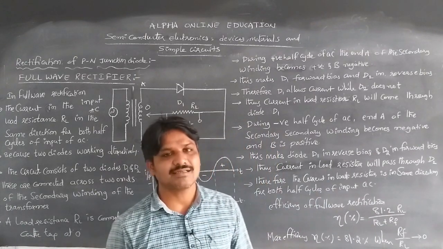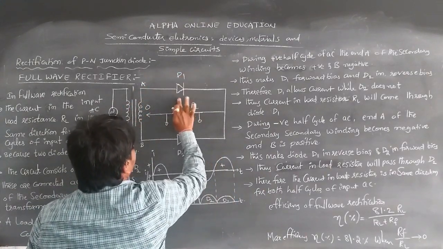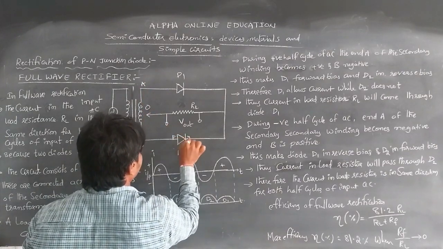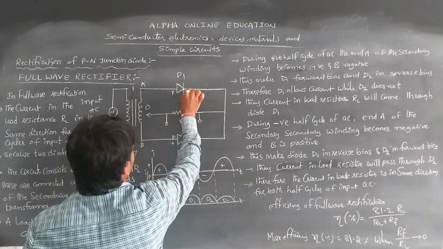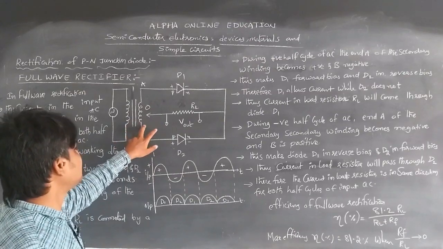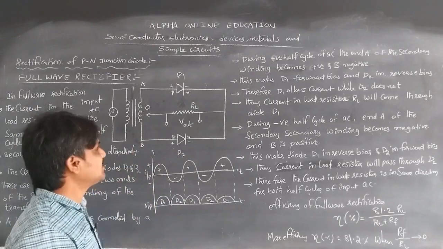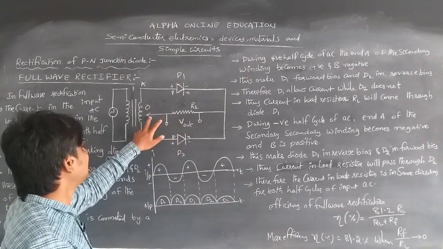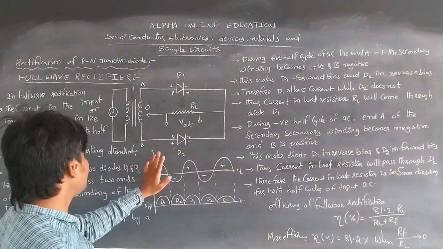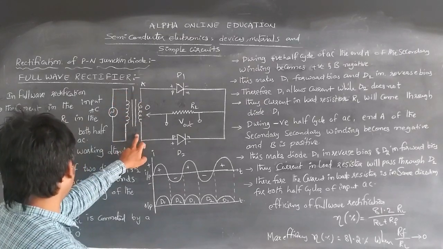This full wave rectifier consists of two diodes. This is considered as D1 diode and this is D2, diode 1, diode 2, with P and N sides. This is also called the center tapped full wave rectifier, meaning the load resistance is center tapped at O. The two diodes D1 and D2 are connected across the two ends of the secondary winding of the transformer.